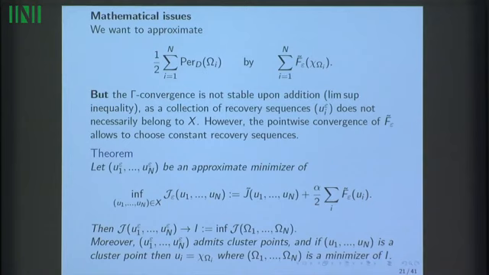As I told you, we have a small problem, or a big problem, in fact it's not big, is that Gamma-convergence is not stable upon addition, but here you can, because we have pointwise convergence. So because of pointwise convergence, we take as a recovery sequence in the lim sup inequality a constant sequence, and now it's okay because you have sequences of functions which satisfy the constraint that the sum is equal to 1.